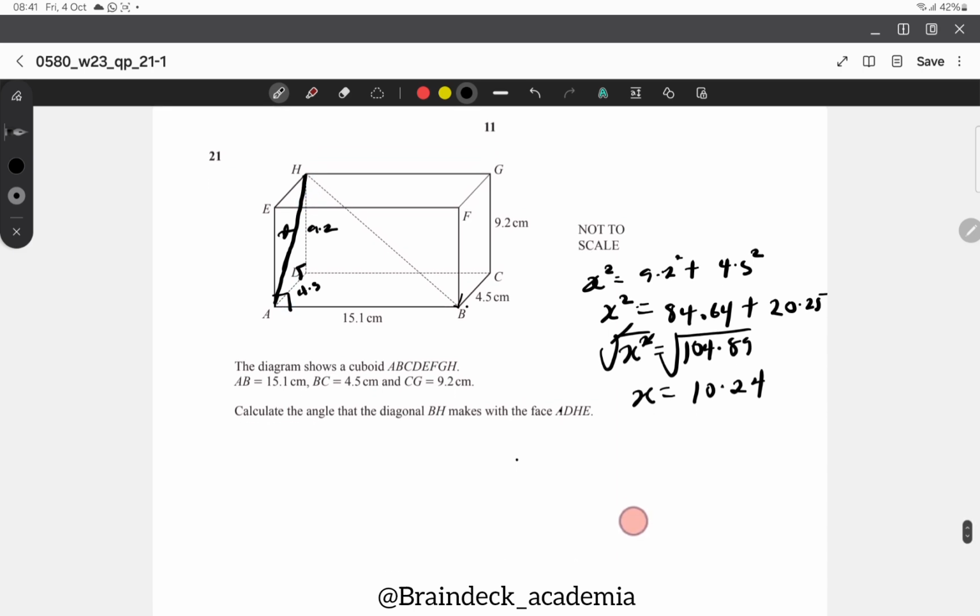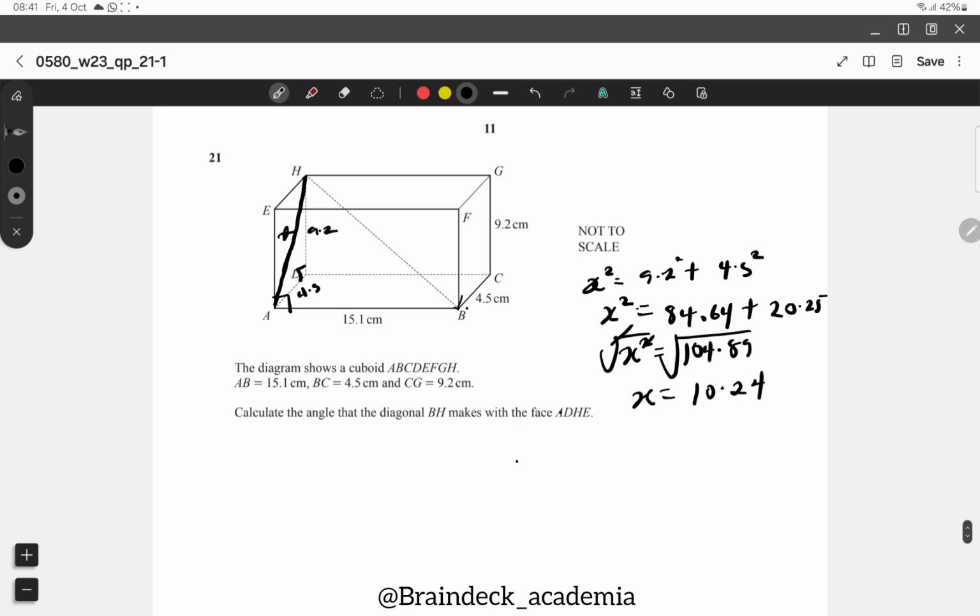That x is 10.24. But the question is for us to calculate the angle that the diagonal makes with the face ADE. This is the face ADE, and this is the diagonal line. The angle it makes with this face is here. So let's draw that triangle. We should also note that triangle ABH is also a right angle triangle, because if this place is a right angle, the angle that this AH makes with AB is also a right angle.